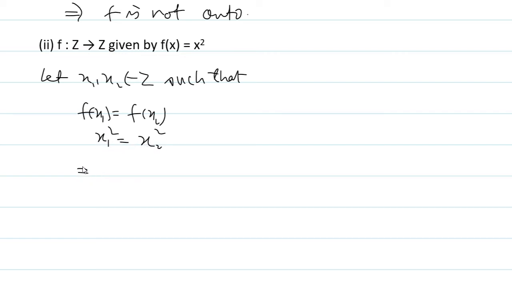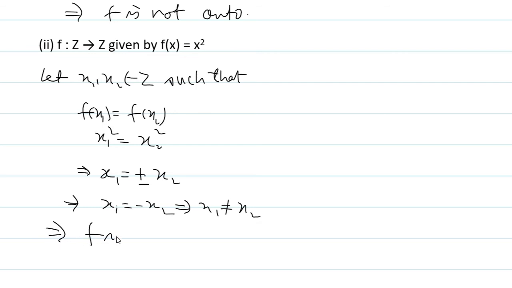It means x1 is equal to plus or minus x2. It means that x1 may be equal to minus of x2, that is, x1 and x2 are not always equal. Hence, it implies f is not 1-1.